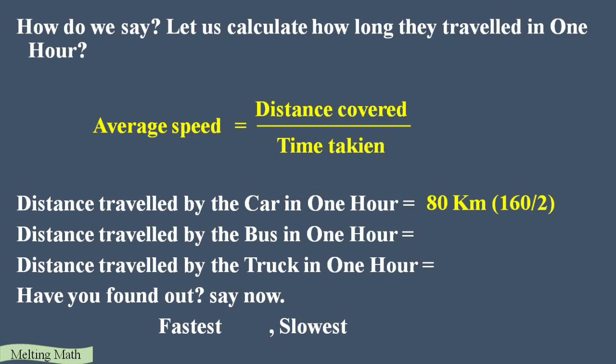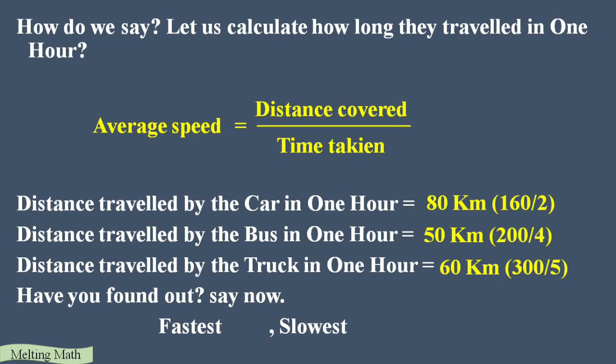So 200 divided by 4, we get 50 km. So the speed of the bus in an hour is 50 km. Next, the truck: distance covered is 300 km and time taken is 5 hours. So 300 divided by 5, we get 60 km per hour.